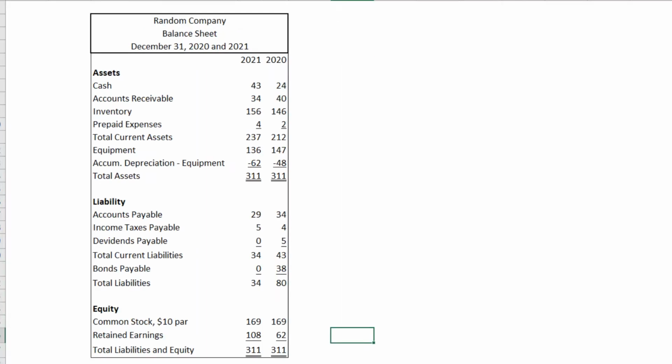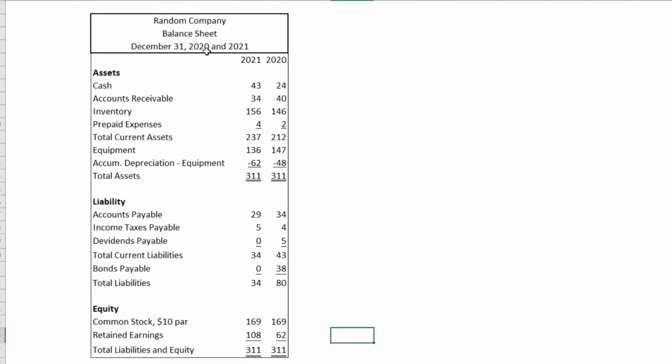Random company, statement of cash flow for the year ended December 31st, 2021. Now, remember, you have 4 different financial statements. You have the balance sheet, income statement, statement of equity, or statement of retained earnings, and statement of cash flow. The balance sheet is the only one that's instant.